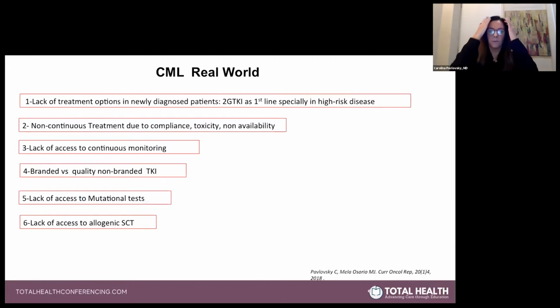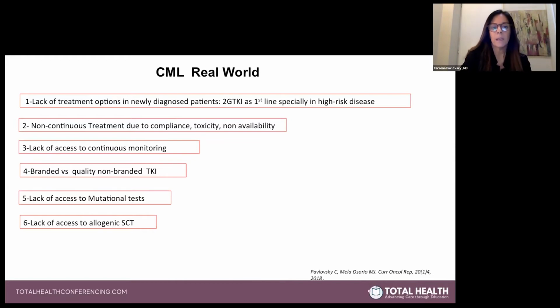But sometimes we cannot follow all this in the real world. That's why it's important to take into account some points that have been published about the important things the real world is perceiving.